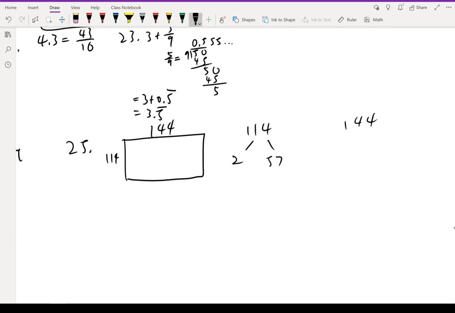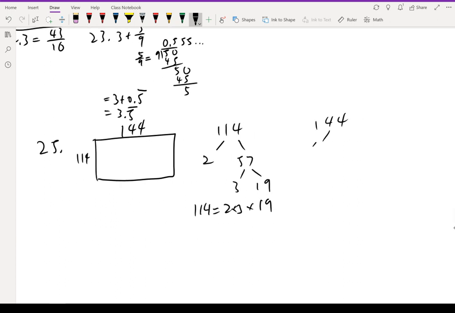Is 57 a prime number? No, it shouldn't be a prime number. 57 divided by 3 is 19. So there's also 3 and 19. Okay, so 19 is a prime number, so 114 is equal to 2 times 3 times 19.